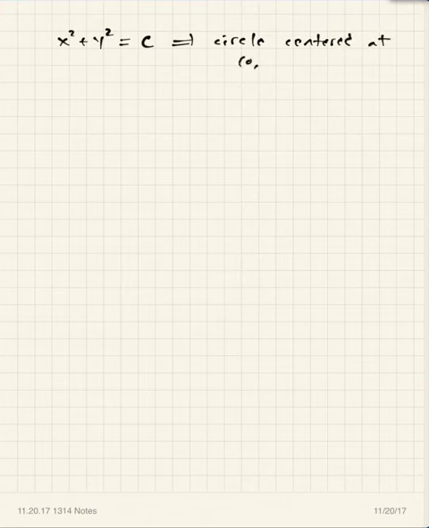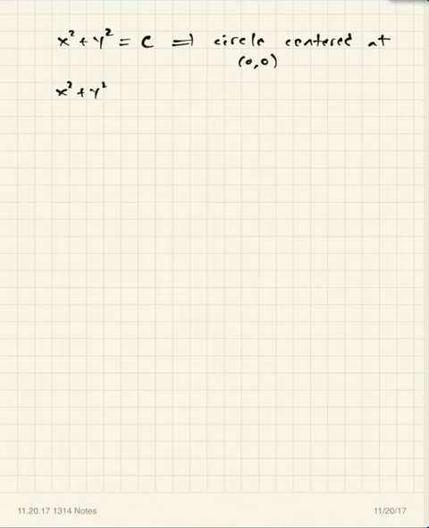So an equation like this, x squared plus y squared equals constant, is a graph that's a circle centered at 0, 0. And how do you get an idea of what the graph looks like?